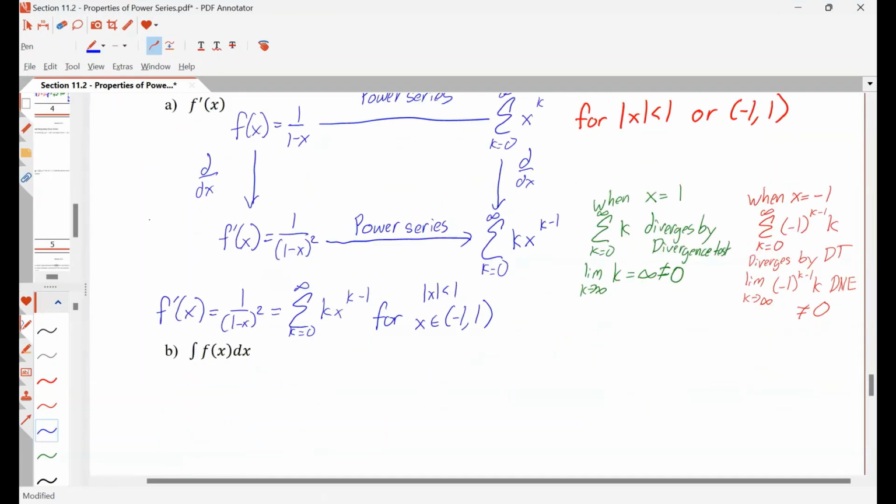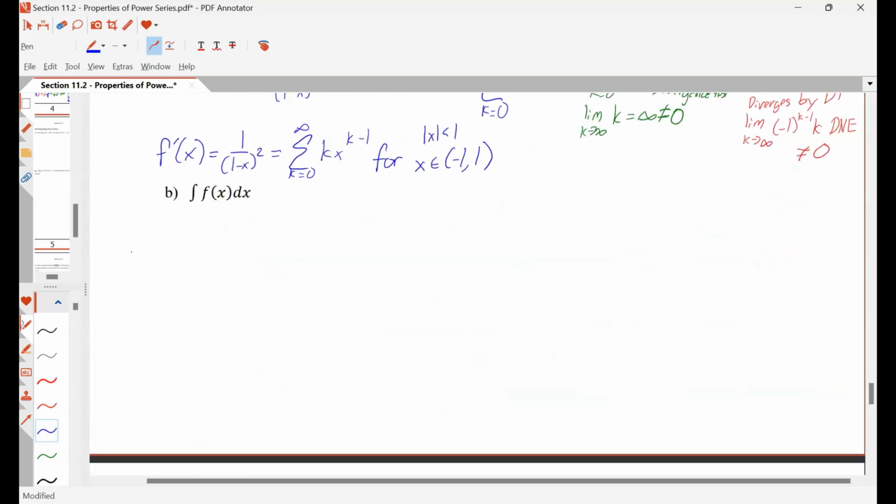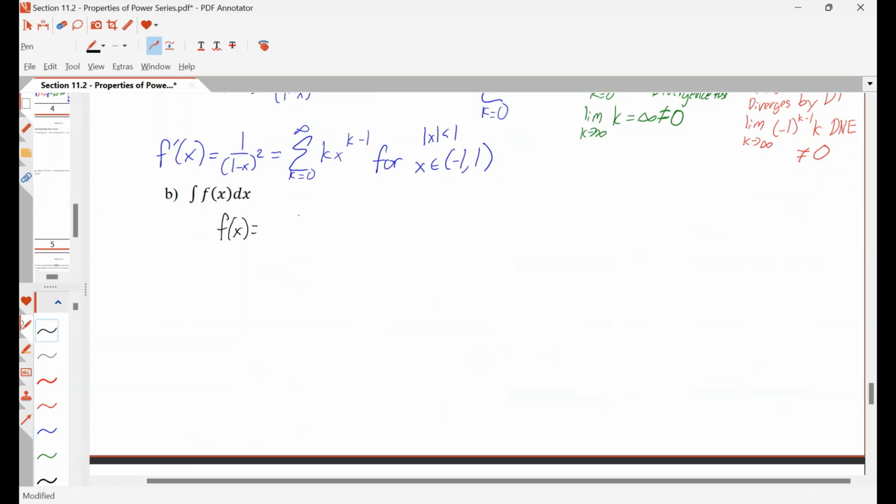Now, our other example is taking the integral, and taking the integral is the same idea. If I have my function, which is 1 over 1 minus x, I can integrate that.